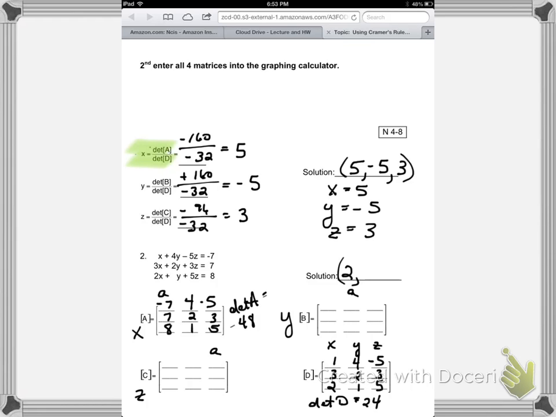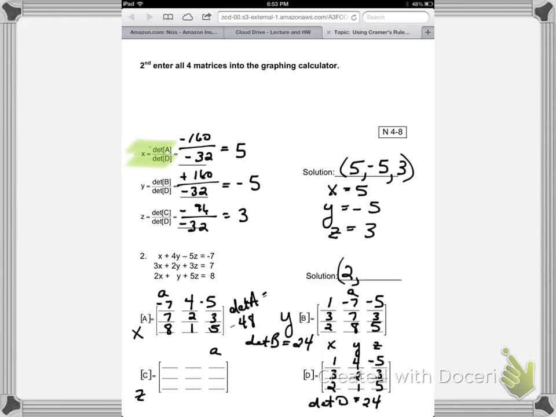Alright, now y. For y, the x and z columns stay the same, so they're 1, 3, 2, negative 5, 3, and 5. And we change the y column and put the answers in that. Okay? And when we put it in the calculator, we find the determinant of B is equal to positive 24.